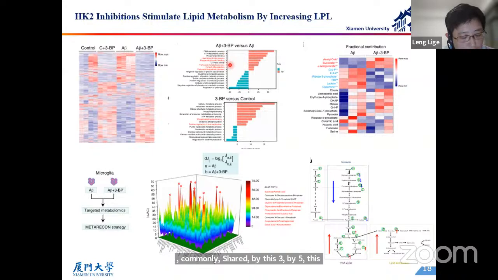We found that fatty acid and lipid metabolism processes were clustered and found to be enriched in these groups.